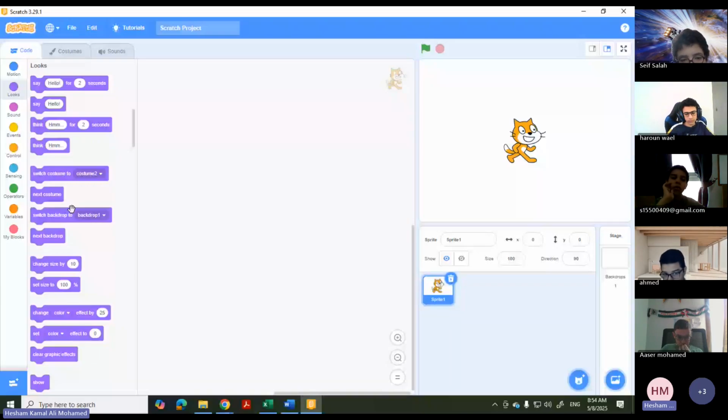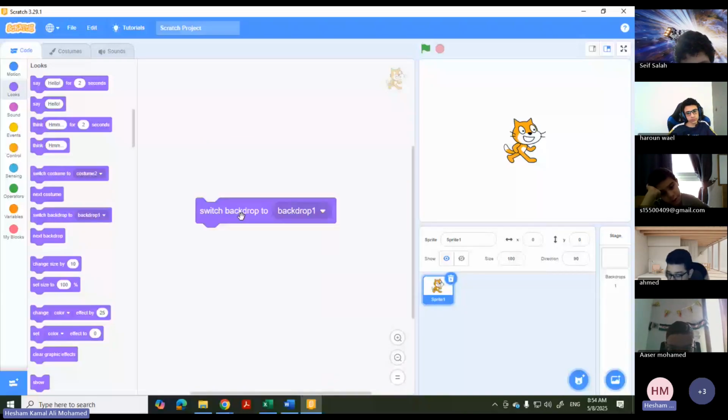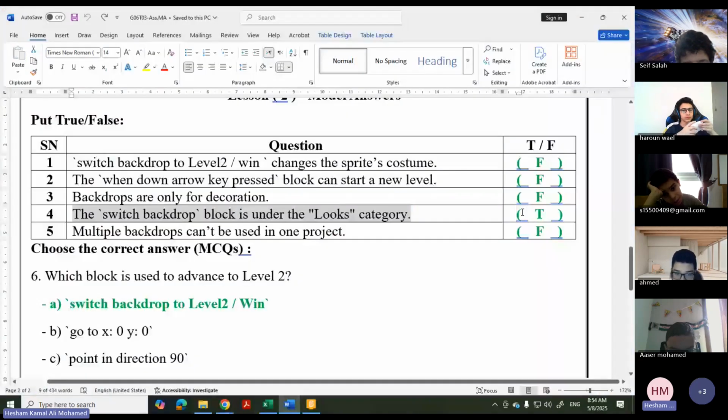Switch backdrop to backdrop 1, as you can see, and I can even make it bigger so you can see it. So switch backdrop, I can get it from the looks category. That's why the answer here will be true. They match. The first part of the statement matches the second part of the statement. That means the answer is true.